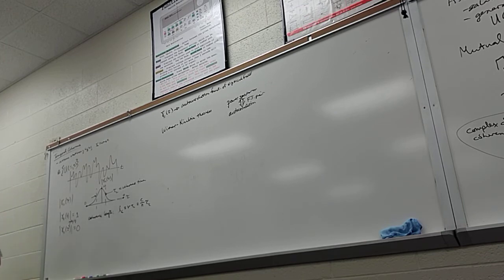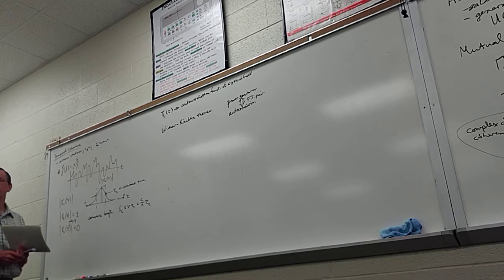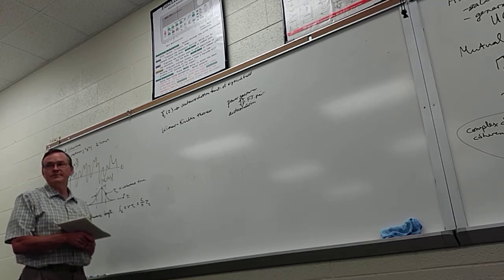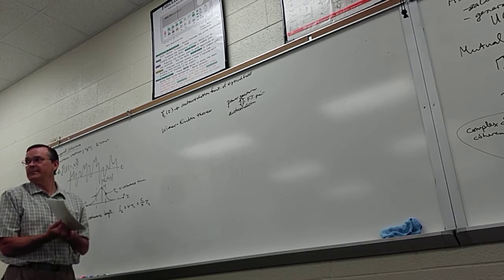If we take an autocorrelation function and Fourier transform it, we have the power spectrum. If we take the power spectrum and Fourier transform it, we have the autocorrelation function for any field. And so, of course, it's true for an optical field in the scalar model.